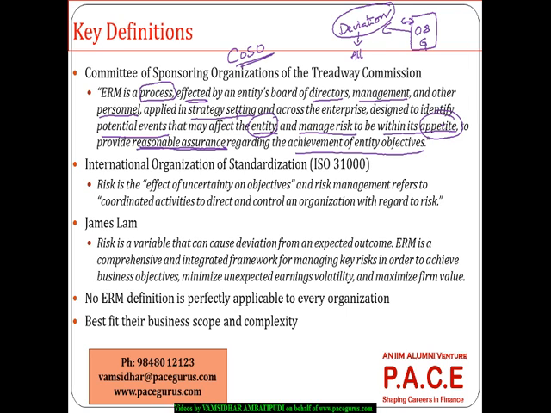And the International Organization for Standardization, which is clearly talking about risk, says risk is the effect of uncertainty. Agreed? Whatever are the objectives and goals that an organization is having, there is a deviation, there is an uncertainty of those objectives.